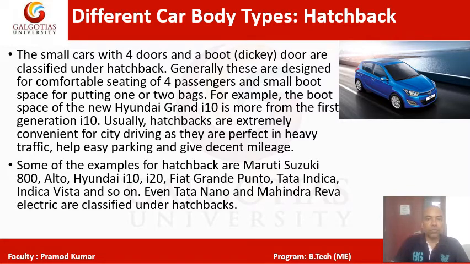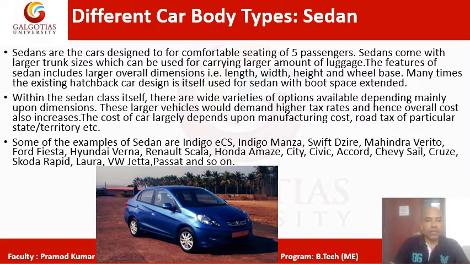The sedan is another type of car, designed to comfortably seat five passengers. A sedan comes with a larger trunk size, which can be used for carrying a larger amount of luggage. The features of a sedan include overall dimensions: length, width, and height, and wheelbase. Many times, an existing hatchback car design is used for a sedan with the boot space extended.